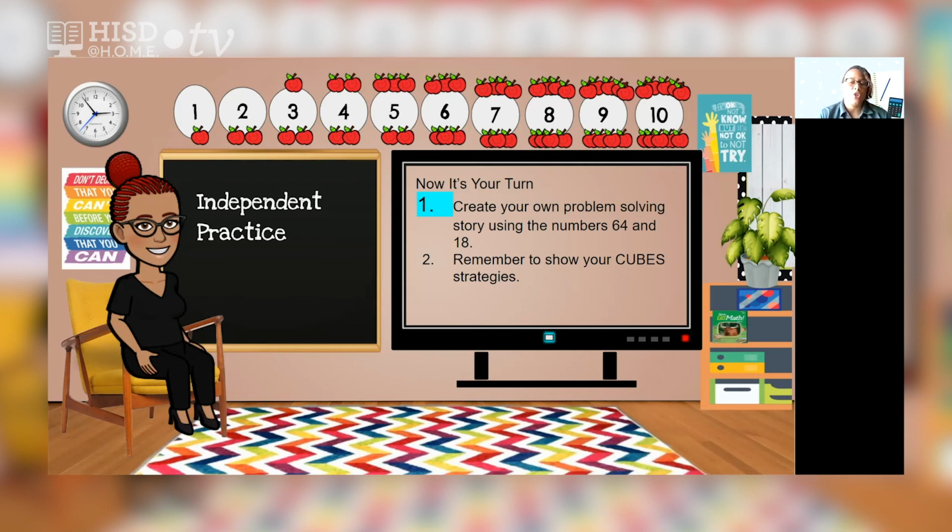Show me how you got your work by going through each of those cube steps. Go ahead and write the number 64 and 18 on your paper so you can remember what numbers you're using for your word problem. Put your mathematician hat on and get ready to begin, mathematicians.